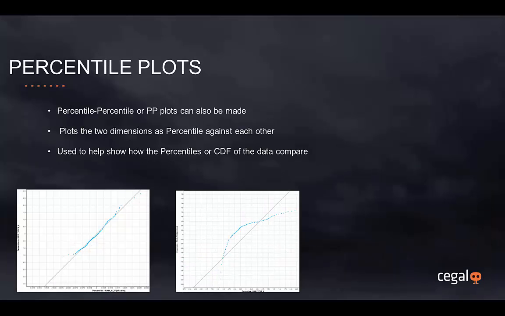Finally, in the new GDI we can also create two more advanced views to the data using some more advanced statistics. The first is the percentile plots, where we show the data as a score between the distribution functions of each of the axes, and this can be useful to show how the distributions of the two data sets compare.